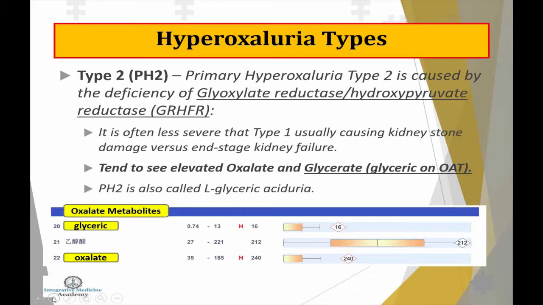Of the two, between glycolic and glyceric, you're going to see glycolic much more often. About 80% of the time when I look at an organic acid test, all that's elevated is the oxalic marker. When there's an elevation of glycolic or glyceric, about 80% of the time, it's the glycolic that's high. Glyceric tends to show up much less commonly.